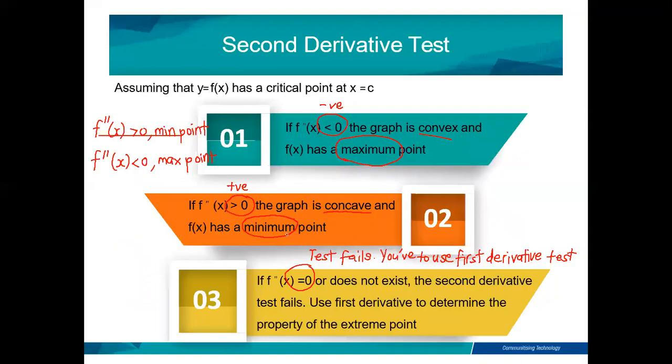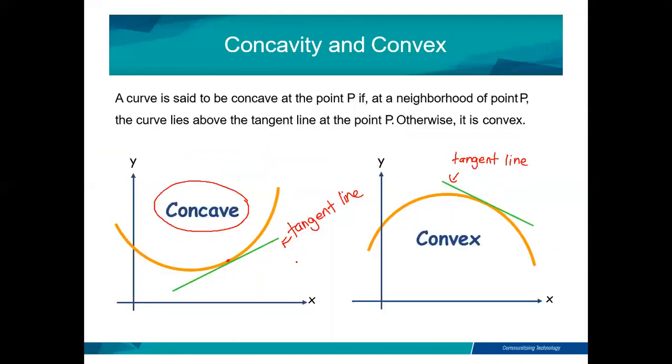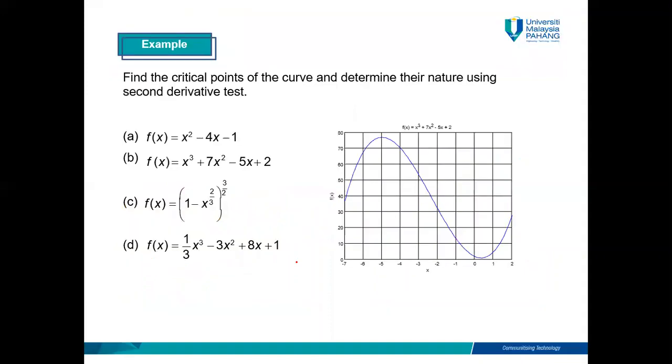Concave, minimum point. The other one will be convex. Remember only one, because if you remember both you will get confused. When you do your final or a quiz, you are nervous, and you start and go blank. So better you memorize only one thing that you are comfortable with.